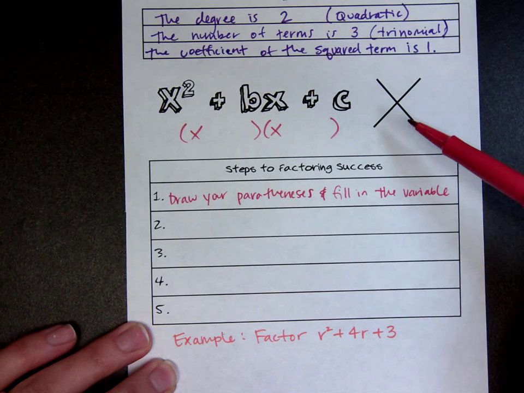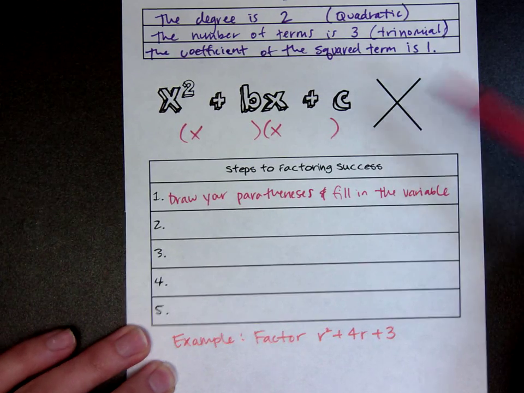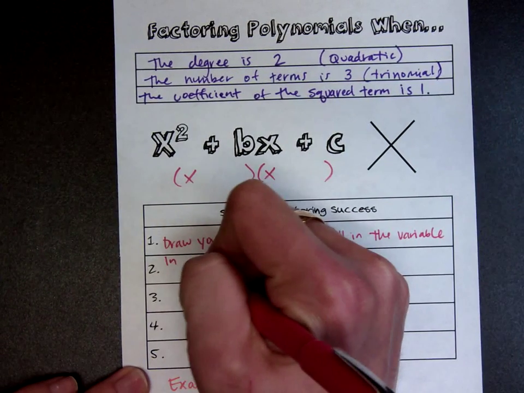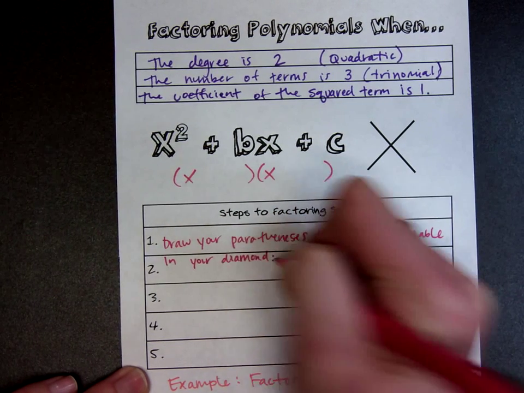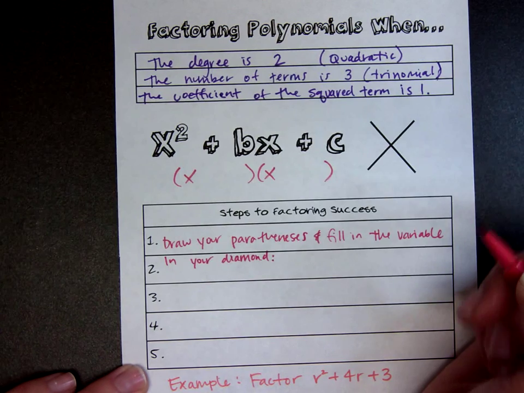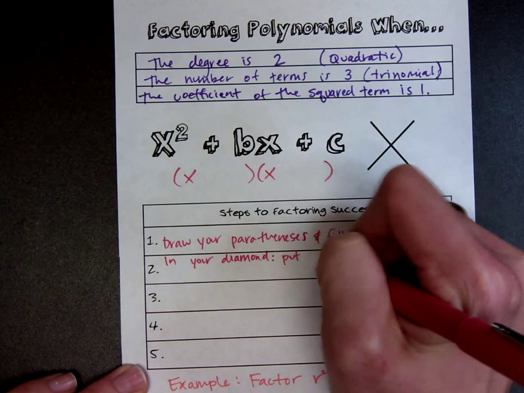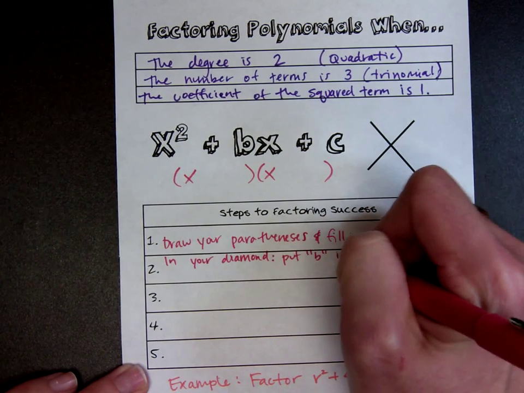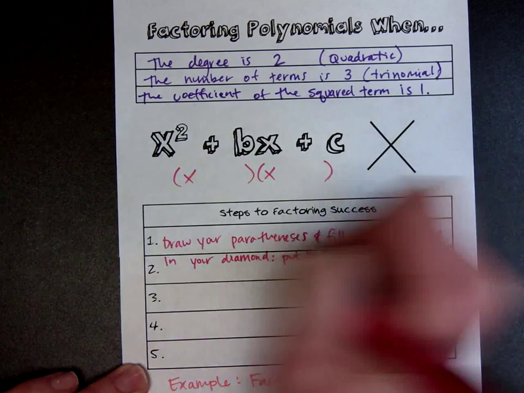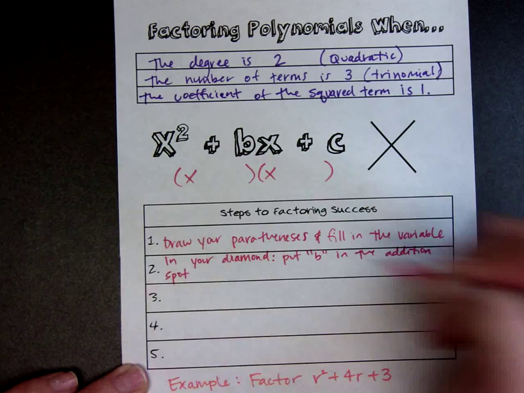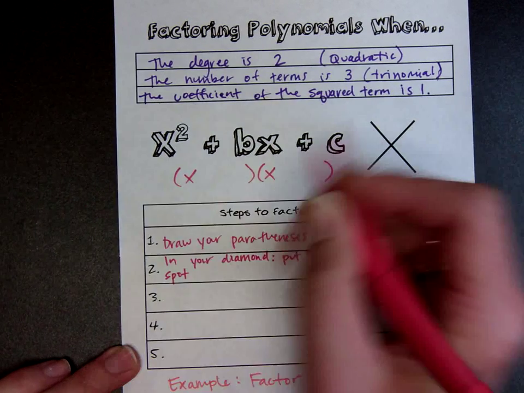Okay, next step, in your diamond, we're going to put b in the addition spot. And c in the multiplication spot.